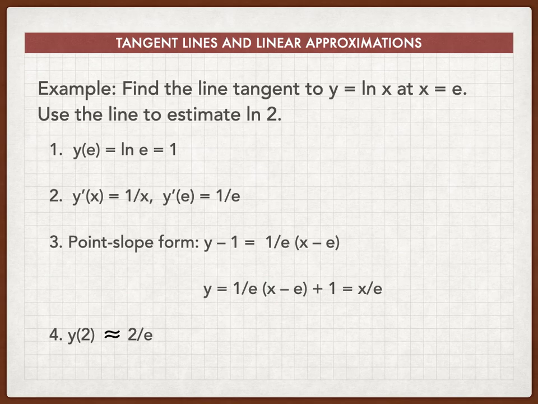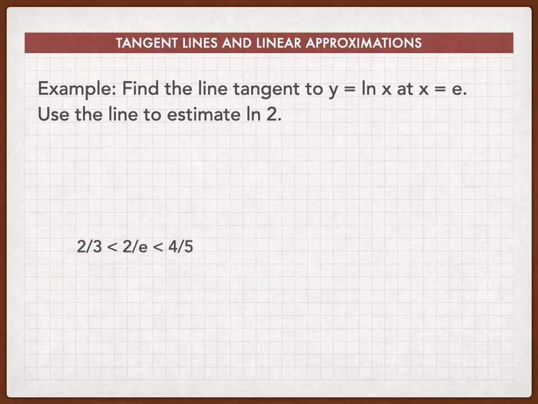2 over e is 2.7-ish, so 2 over e is more than 2/3. Let's see, 2 over 2.5 is 4/5. 2 over e is more than 2/3 and less than 4/5.